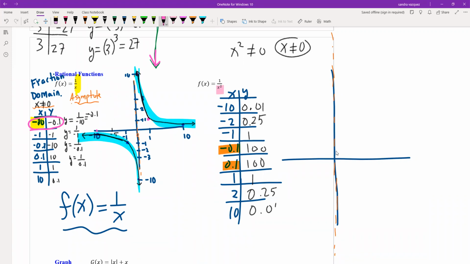So -10 and 0.01. Let's just say -10 is here. It's right here. It's positive. All of them are positive. -2. You know what? Let me go ahead and draw this better. One minute.